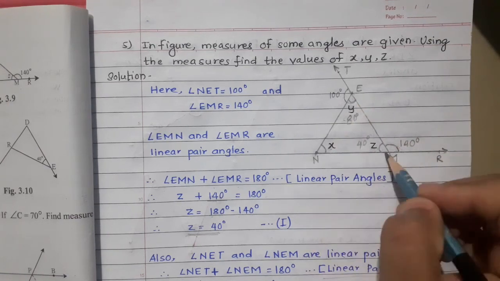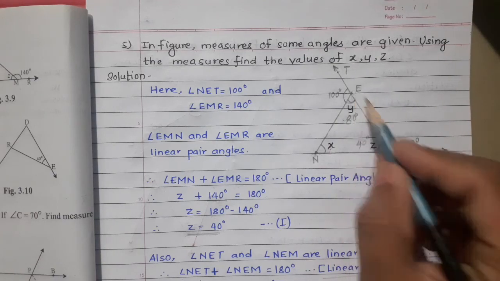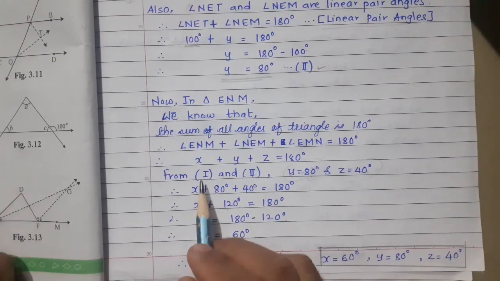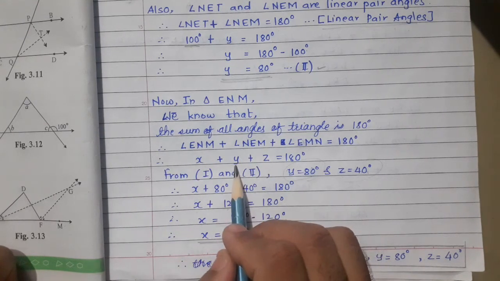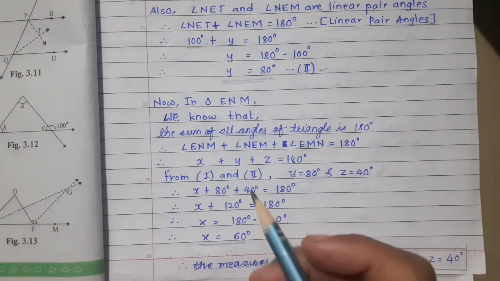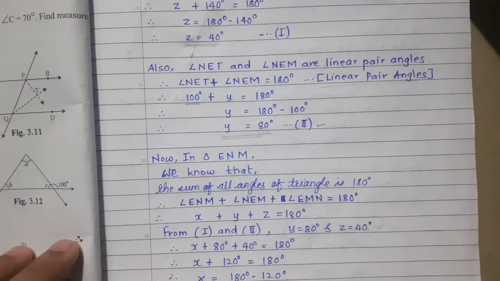Angle ENM is X, angle NEM is Y, and angle EMN is Z. So we have X plus Y plus Z is equal to 180 degrees.